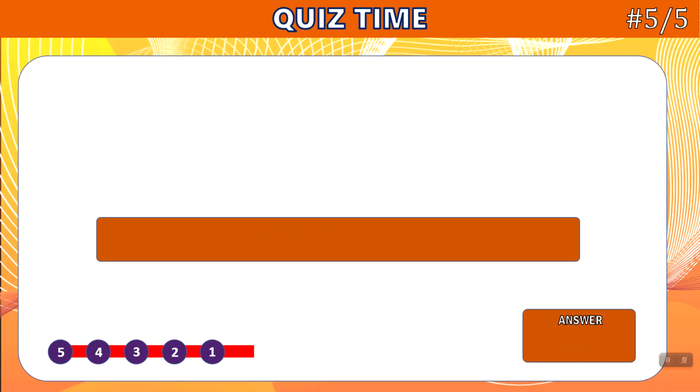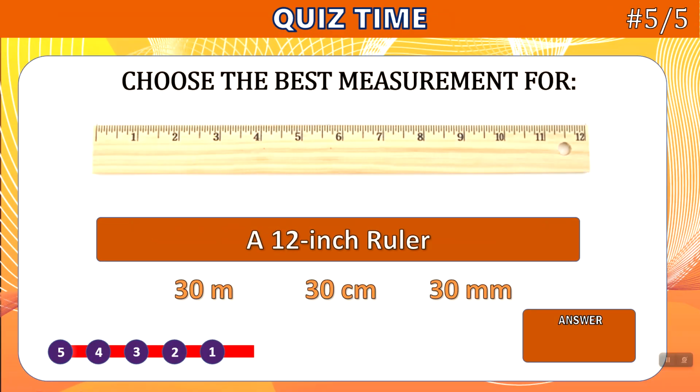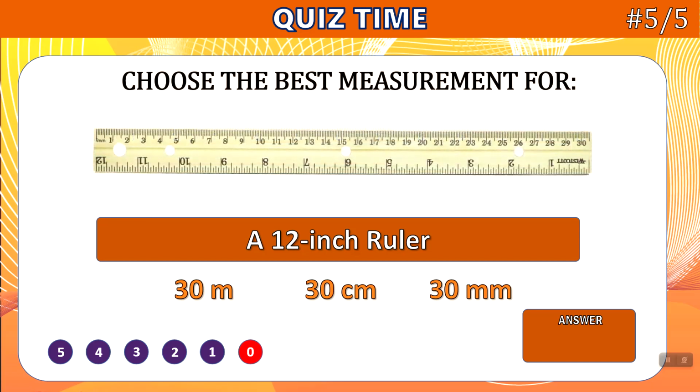And the last one, question 5. Choose the best measurement for a 12-inch ruler. Time's up. The answer is 30 centimeters. I'm sure you've seen a ruler before with inches and centimeters on it, and you can remember it had 30 centimeters on one side.